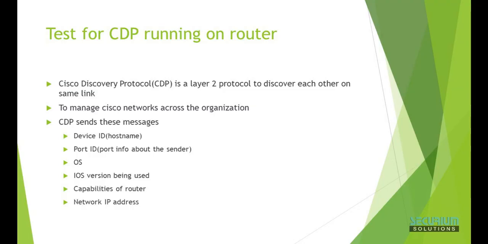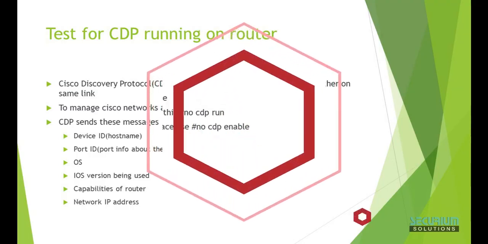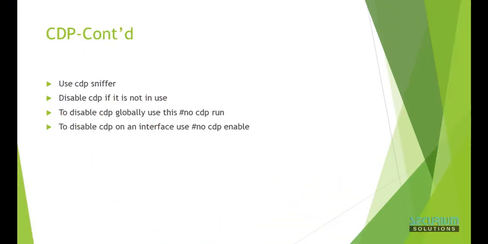Okay, so we can use a CDP sniffer to sniff out the passwords and other sensitive information. And if it is not mandatory for your organization, then you can disable it globally, and you can disable it on an interface using these commands. So we will be learning how to disable this with the help of Cisco Packet Tracer. I'll be doing that live.